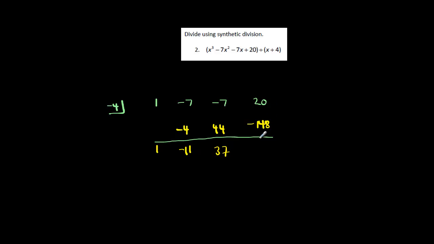And then we add down, so negative 128. So here's your remainder. There's your constant, there's your x squared. So your answer is going to be x squared minus 11x plus 37 with a remainder of negative 128.